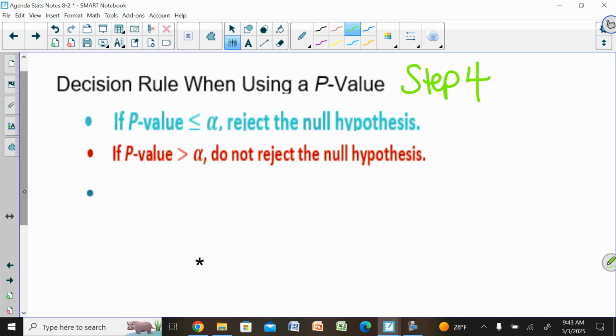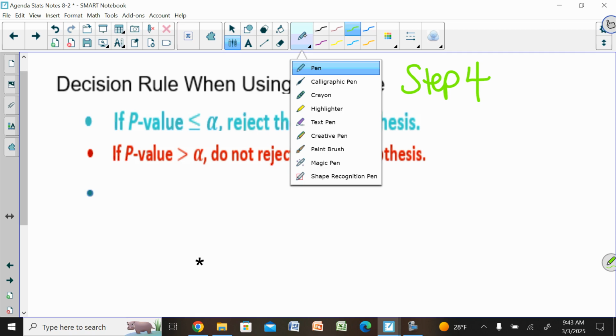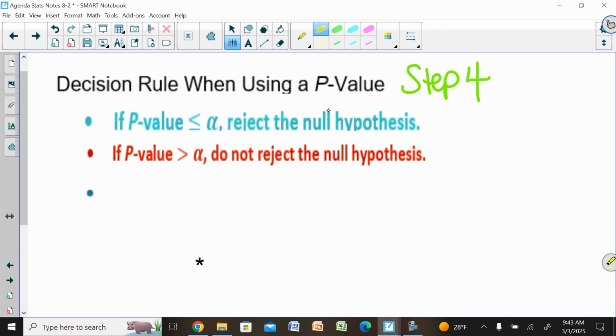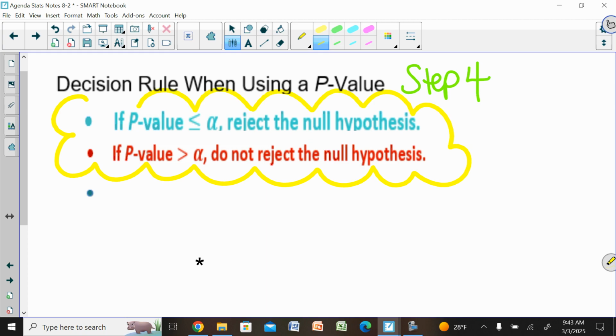If our p-value is greater than alpha, we are not going to reject the null hypothesis. So this is kind of an important thing to keep in mind. This is going to be the case for every single problem that we do.